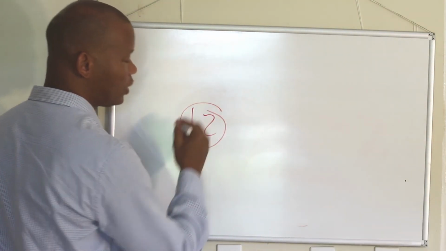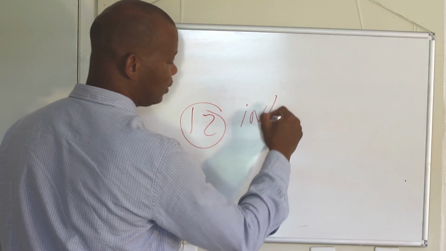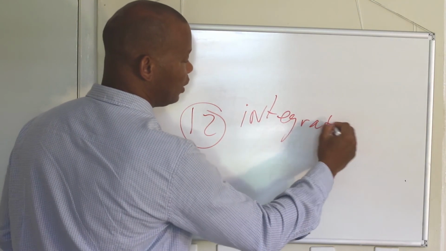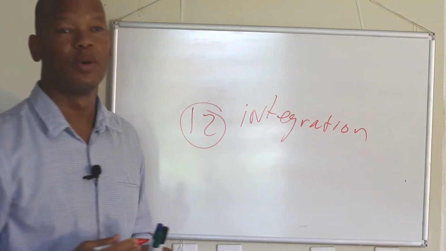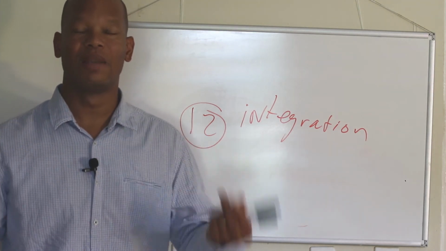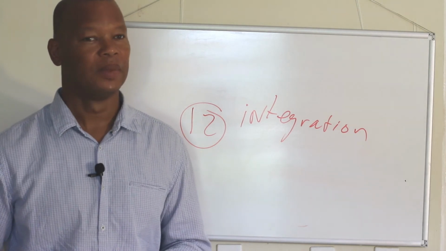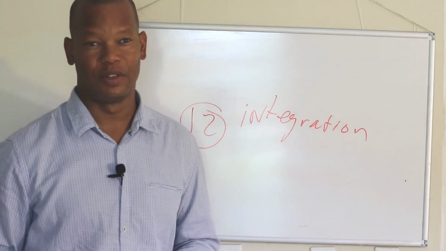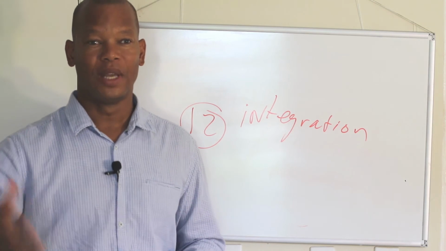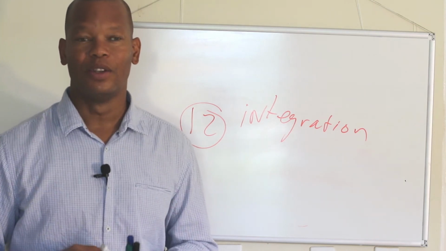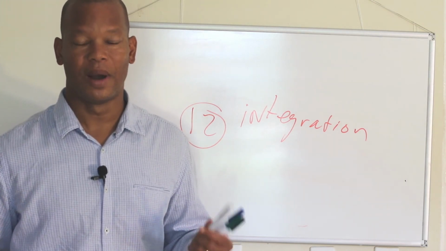I have another bonus, which is integration. Your webinar software needs to integrate with your email software. When people get in, apart from sending them notifications, you also need to be able to capture their email in your email marketing software.